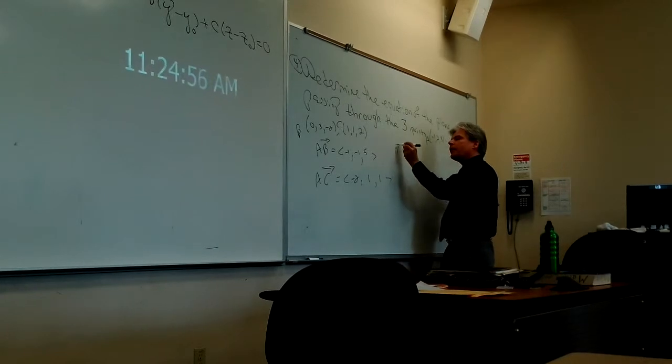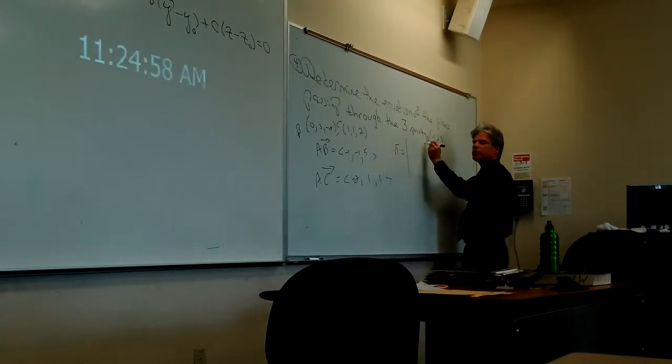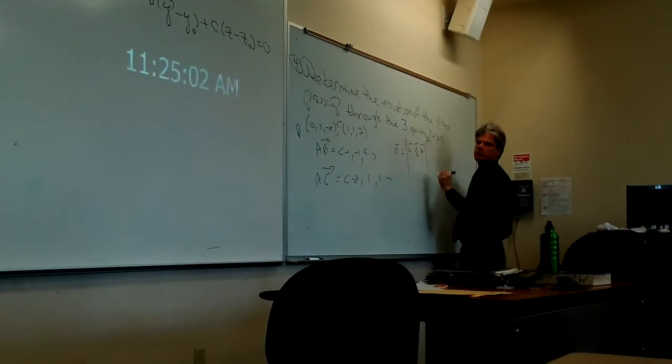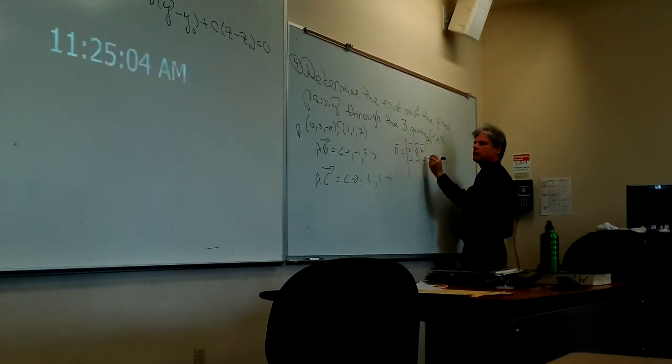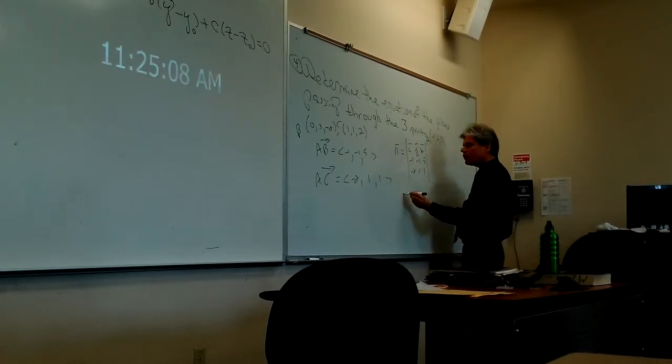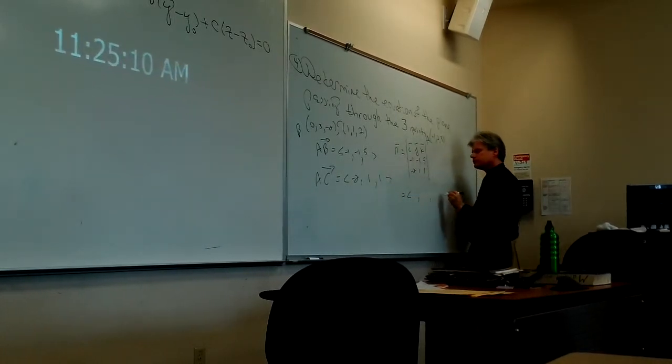And so I think n bar can be interpreted as nothing more than the cross product of AB and AC. Or shall we say it's a three-dimensional vector?